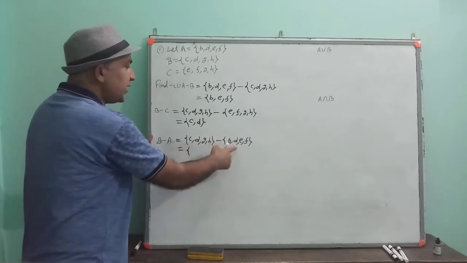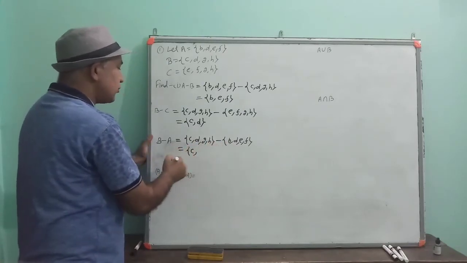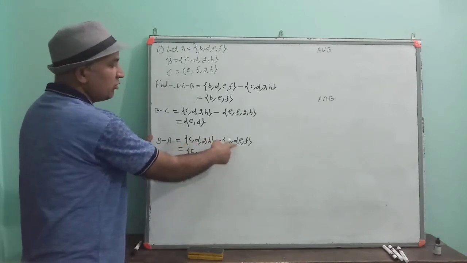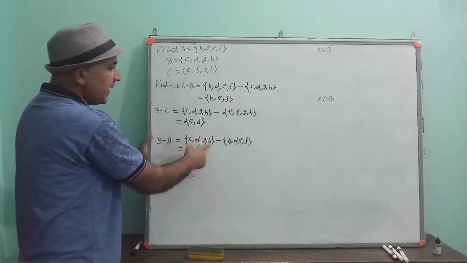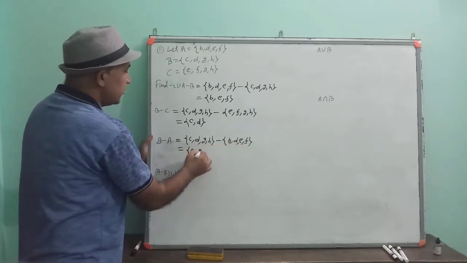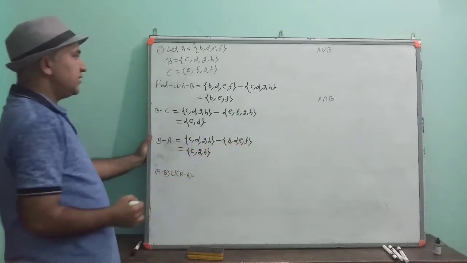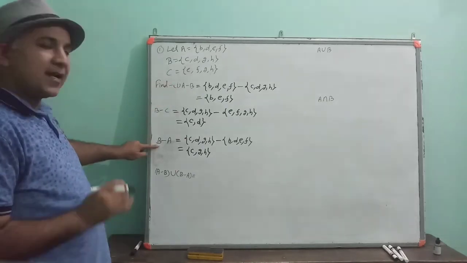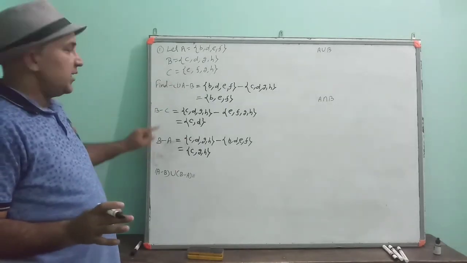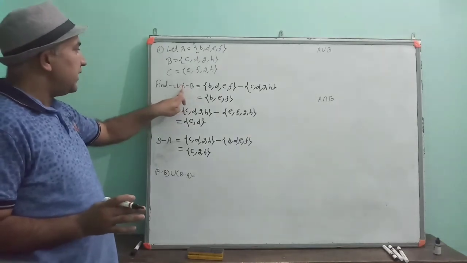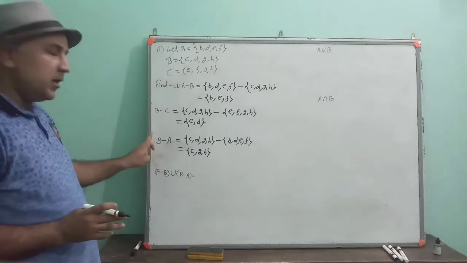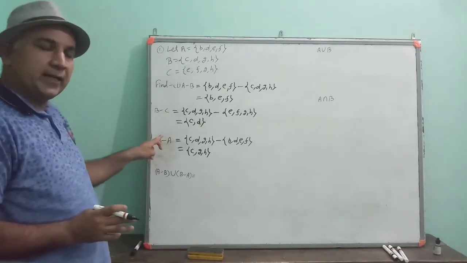C is in B but not in A, so write down C. D is here also, there also, so we will not write D. G, H, there is no G, H, so we will write G, H here. Understood? Be careful. A minus B and B minus A are both different. In the case of A minus B, elements of A which are not in B. In the case of B minus A, elements of B which are not in A.